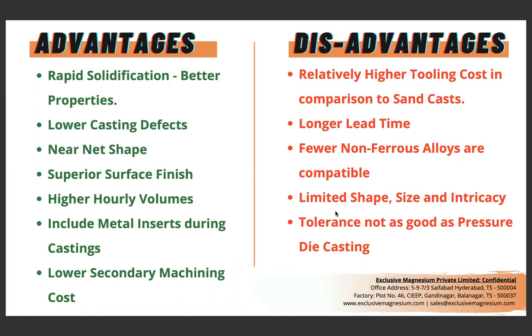It is limited by the biggest machining center you can find to make a die for a part like this, so that is a major restriction. And the kind of tolerances you can expect in pressure die casting is not something you can expect in permanent mold. So that's one negative.